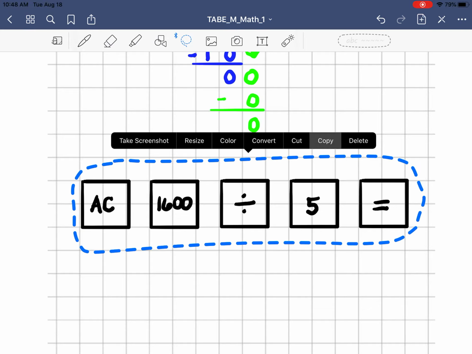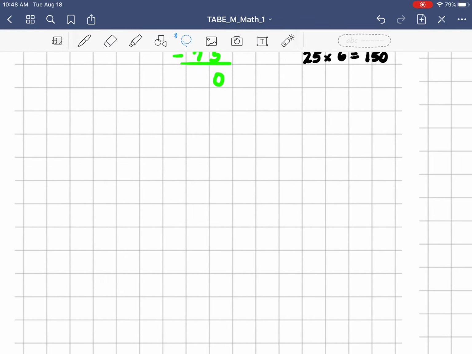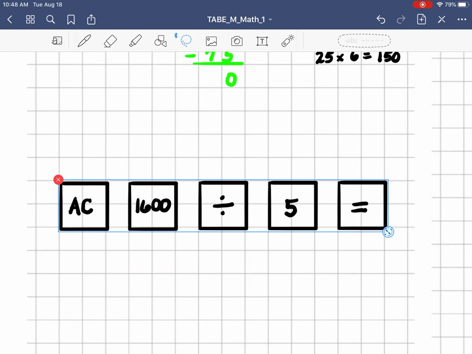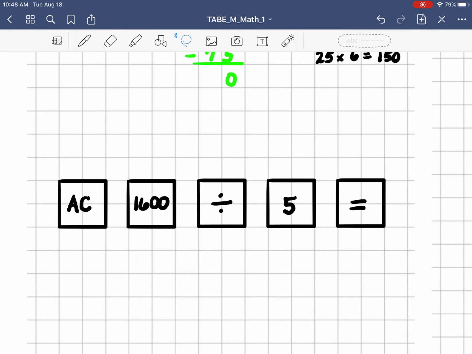And I'll show you how to put this into your calculator if you have the calculator. You can certainly use it if you have it. So all clear. Let me do this so I won't have to keep erasing.